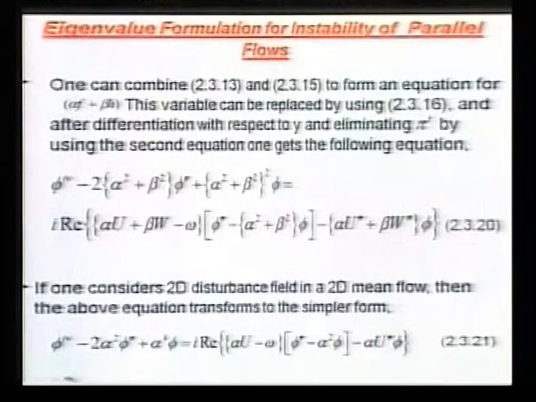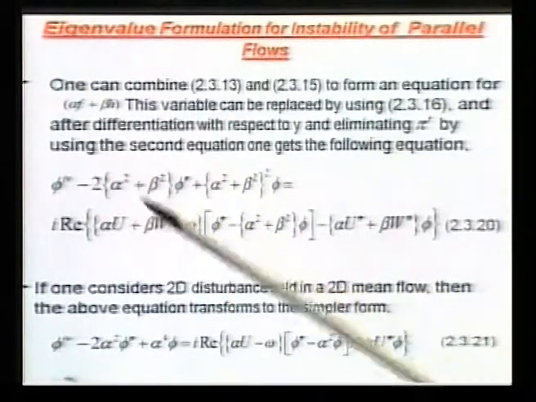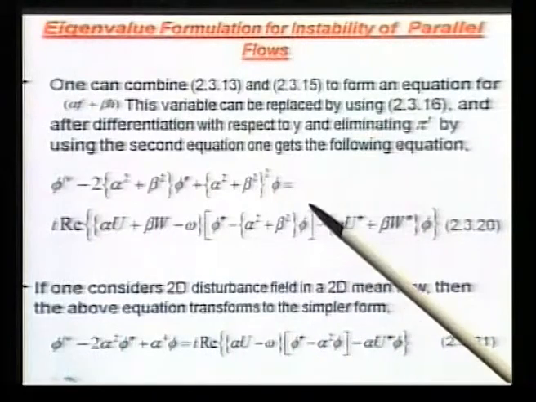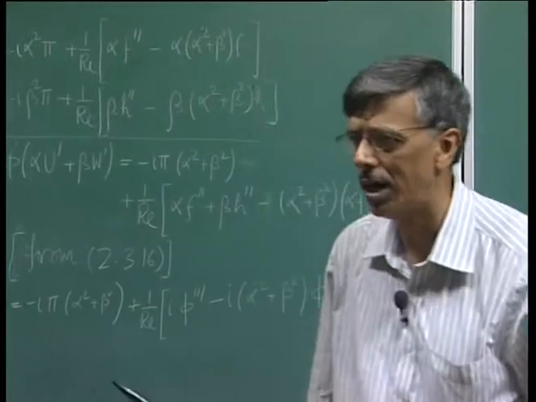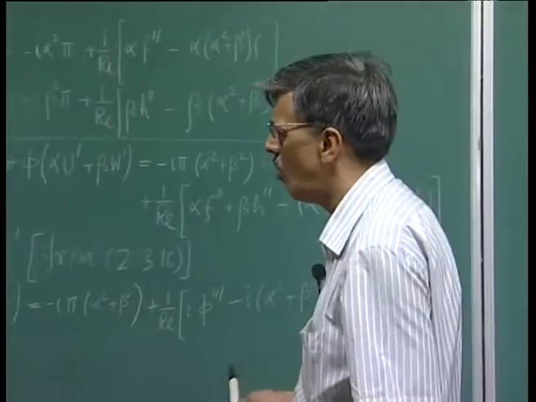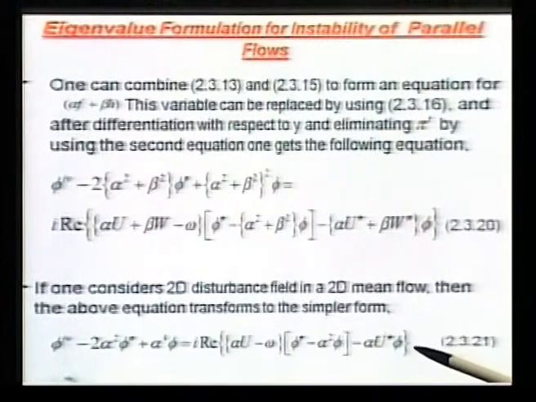So, this is a fourth order ordinary differential equation for phi. This is a general form that we have written down. The corresponding form for 2D mean flow and 2D disturbance field was obtained originally by Orr and Sommerfeld, that takes this form.